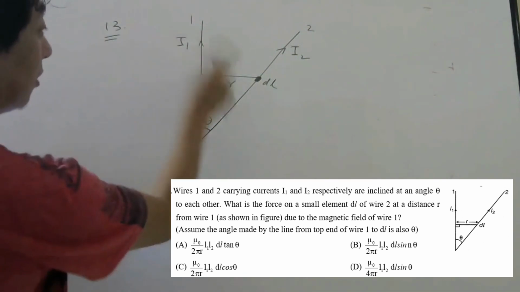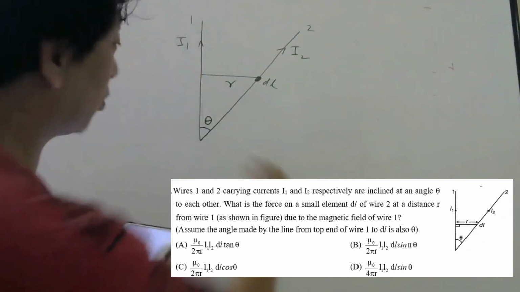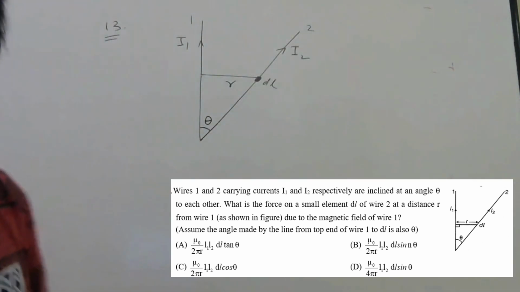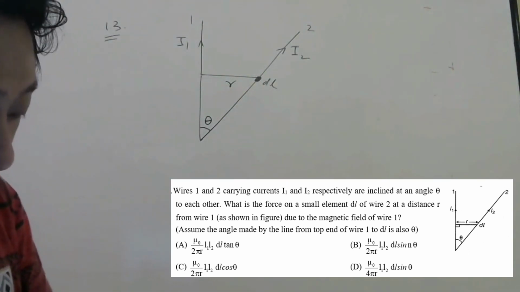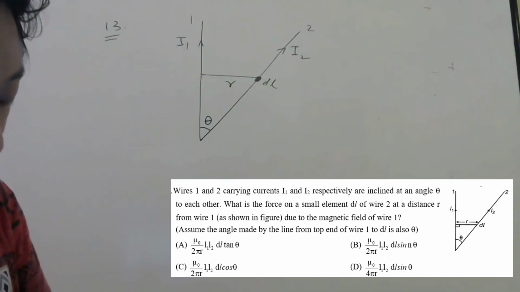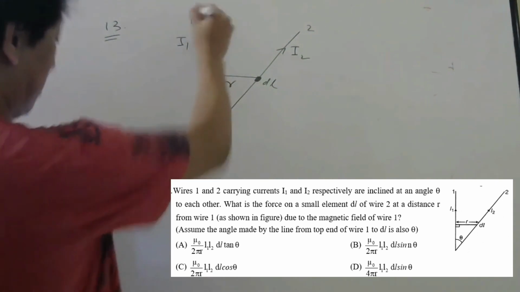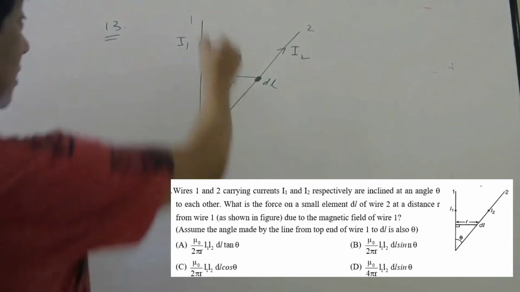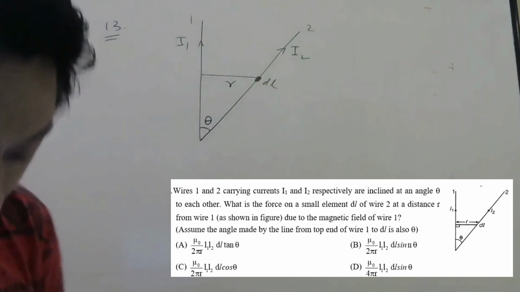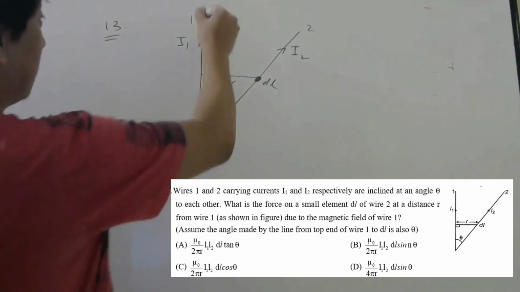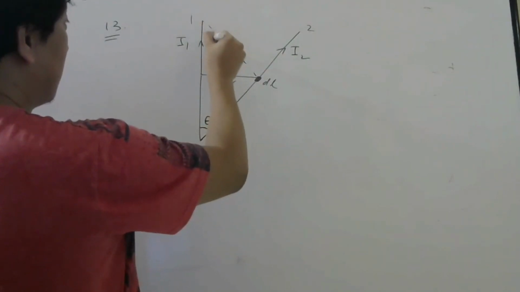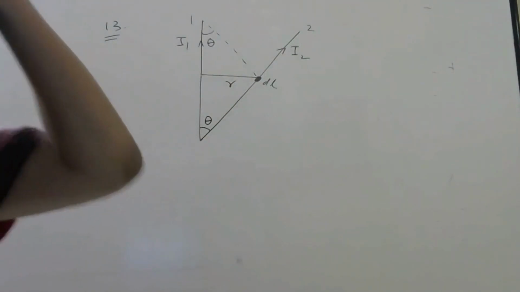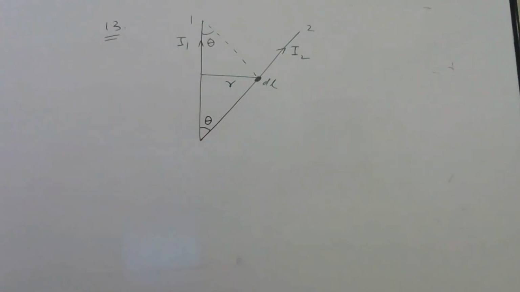The magnetic field of this wire will exert force on different parts of wire 2, right? If it is parallel, we know the formula directly. Assume the angle made by the line from the top end to dl is also theta with wire 1. So if I come from here like this, that is also theta, they are saying. That is not given directly, so you have to check carefully.